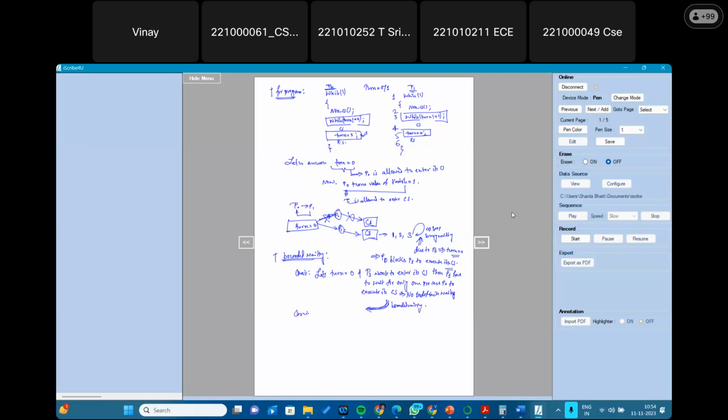Now case 2 is vice versa: turn equals 1, and P0 wants to execute in the critical section. P0 has to wait for only one process, P1, to execute its critical section. So algorithm 1 satisfied the bounded waiting property.